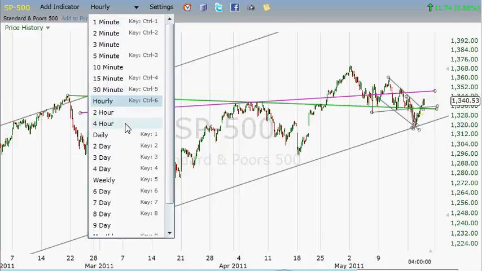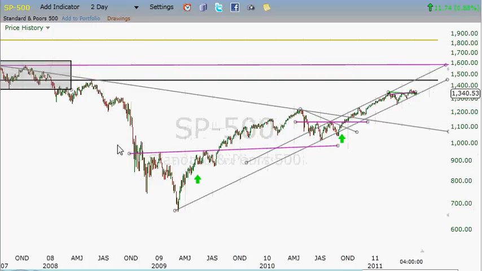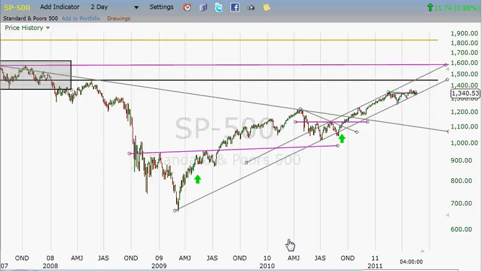But there's the line, starting at this inverse head and shoulders head, the head of that pattern, and the head of this pattern. Now, briefly, there was a violation of that line for the right shoulder of this inverse head and shoulders.